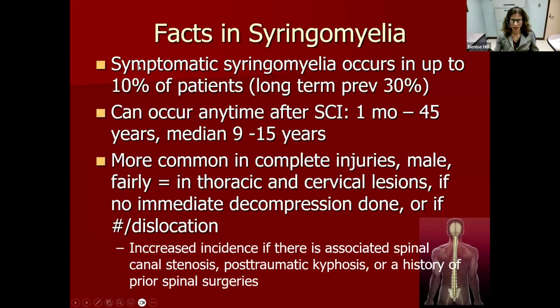Symptomatic syringomyelia can occur in up to 10% of patients, but more common, I guess, longer term after spinal cord injury. So the median onset is 9 to 15 years after spinal cord injury, but it can be quite soon, as soon as 1 month, and as late as 45 years.